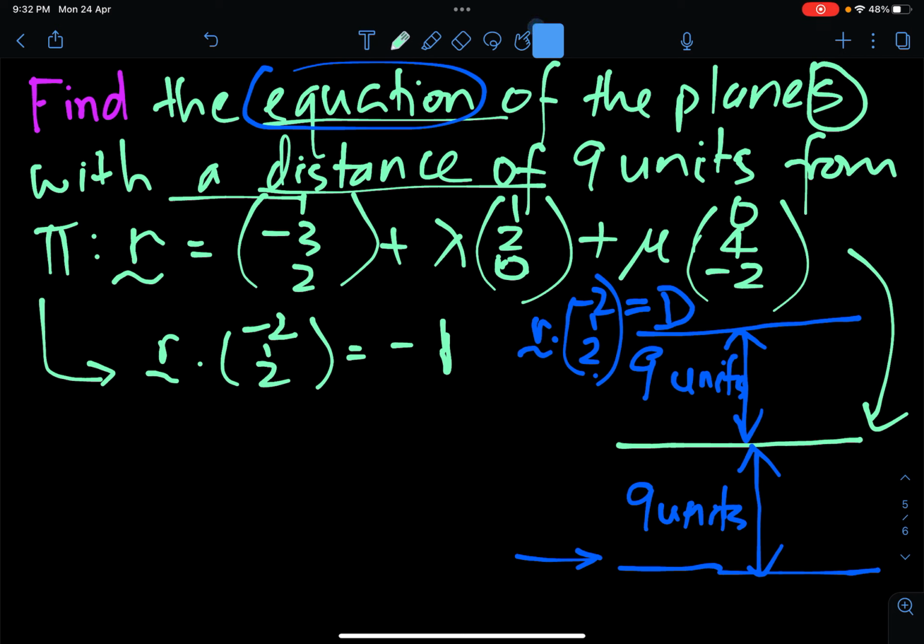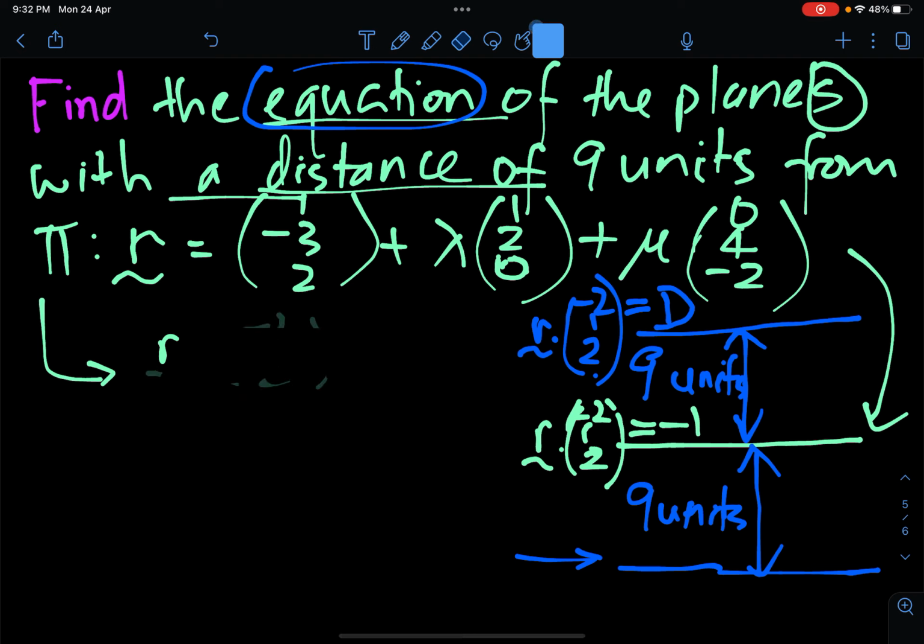I'm going to write this equation here, minus 2, 1, 2 equals to minus 1. So I can erase this and I get more space here.